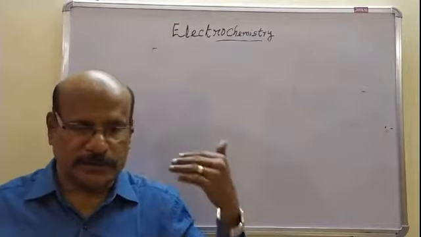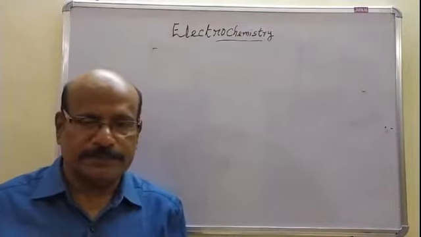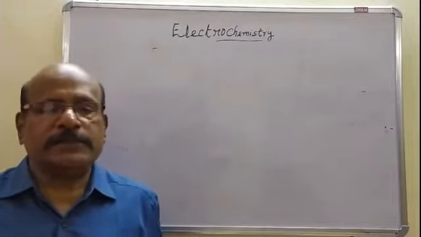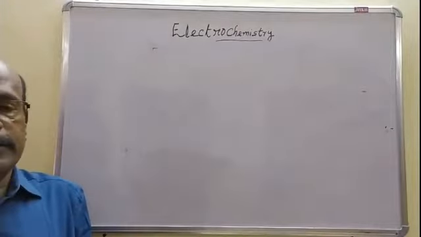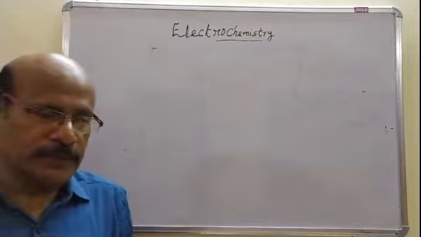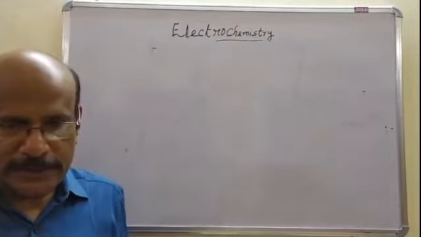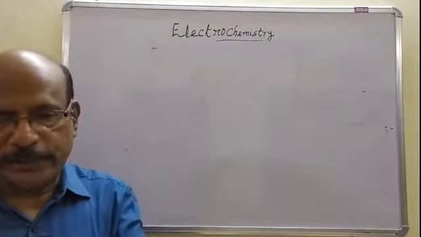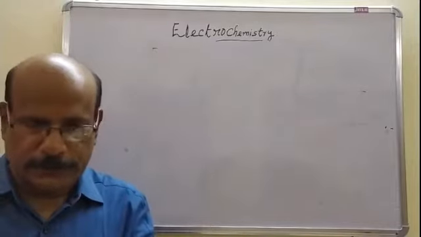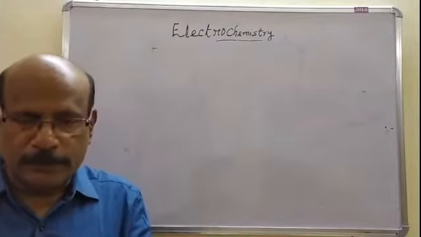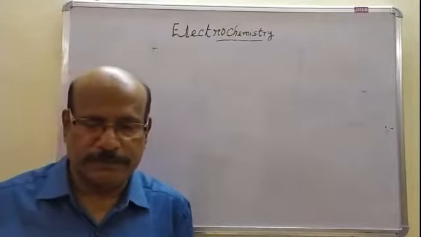How it varies, that aspect is to be discussed. Okay. At a given concentration, an electrolyte solution shows a conductance that is almost proportional to the number of ions present in the solution. That is the thing.